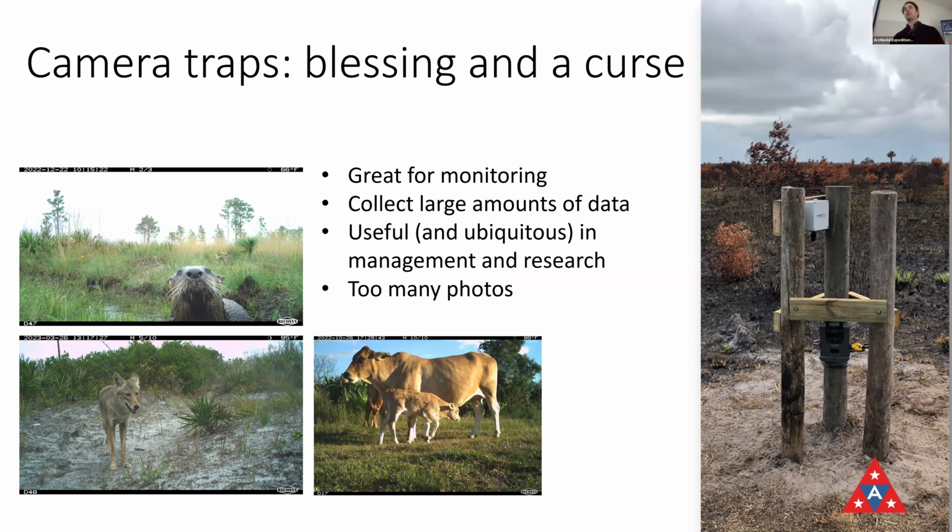And depending on the size of the array that you deploy and how frequently it's timing out to take photos, you frequently build yourself a camera trap data set that numbers in the millions. And what do you do with that data? How do you take those raw data, the images, and turn them into something useful for analyses?